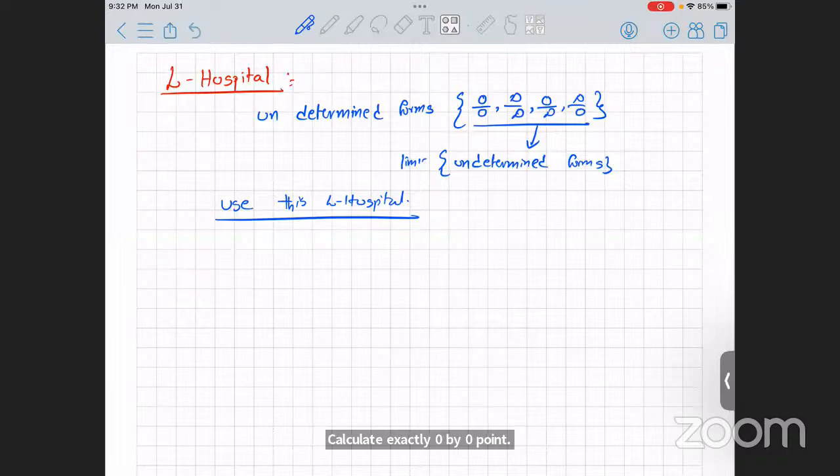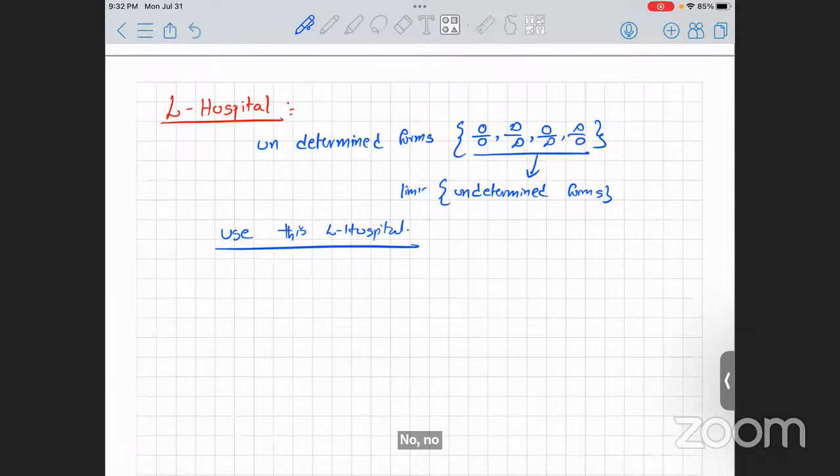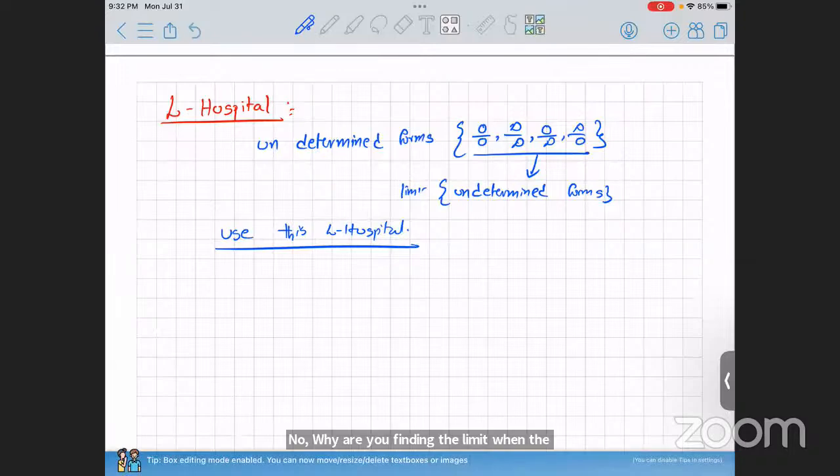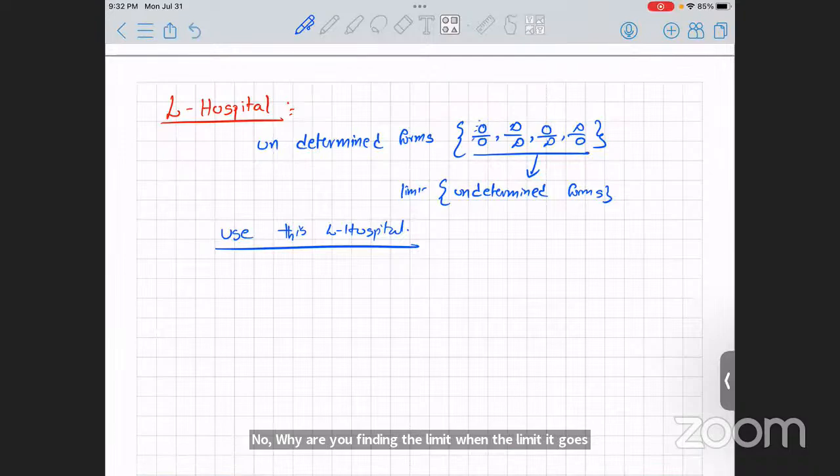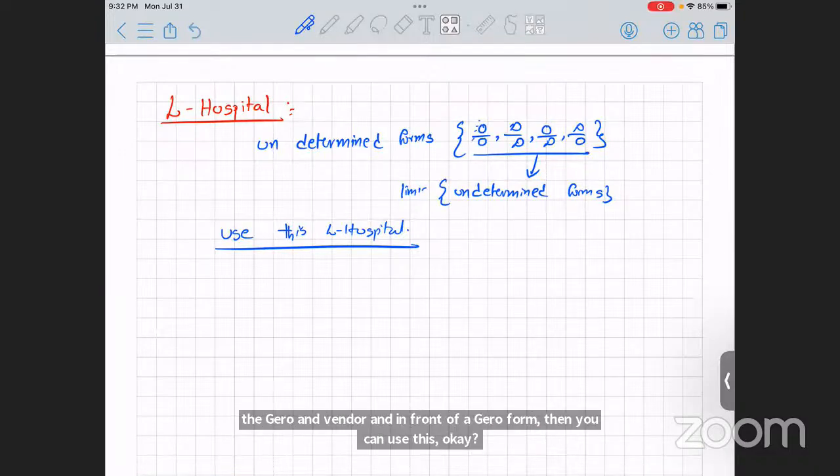Find the approximate value. Look, while you are finding the limit, when it goes to 0 by 0 or infinity by infinity, 0 by infinity or infinity by 0 form, then you can use L'Hospital rule to find the limit.